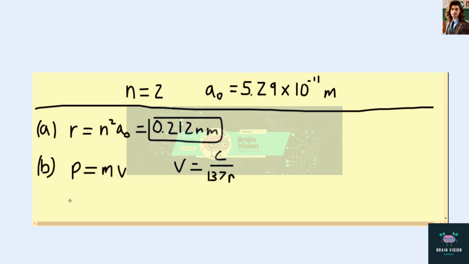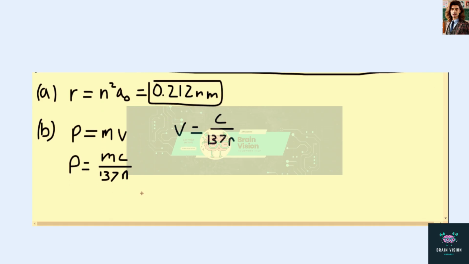So plugging that in for our speed in our momentum equation, we find that p is equal to m times c, where again m is the mass of the electron and c is the speed of light, divided by 137 times n.